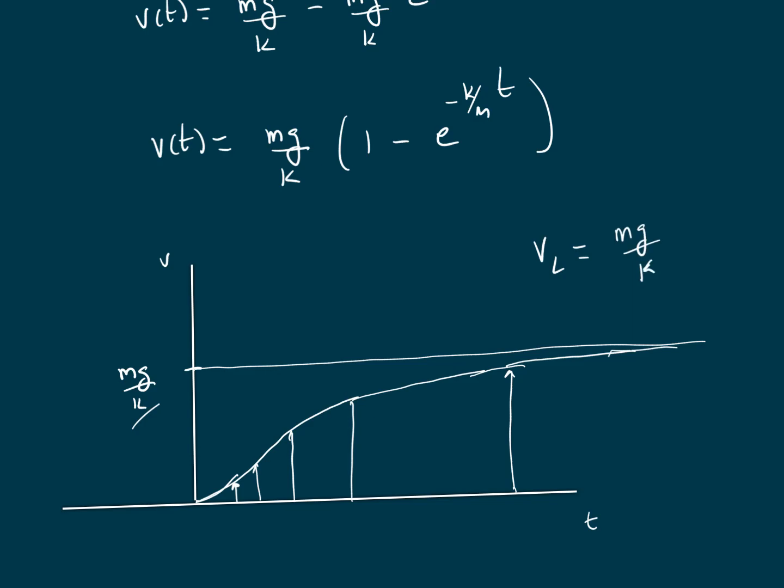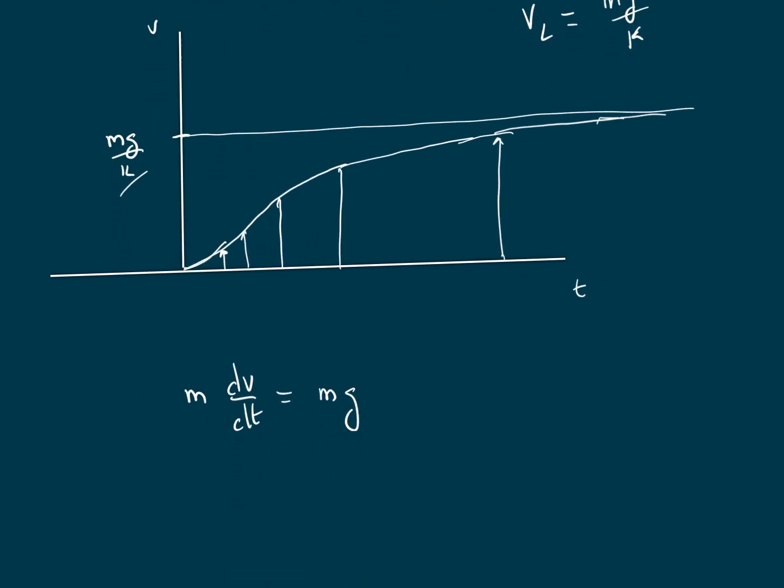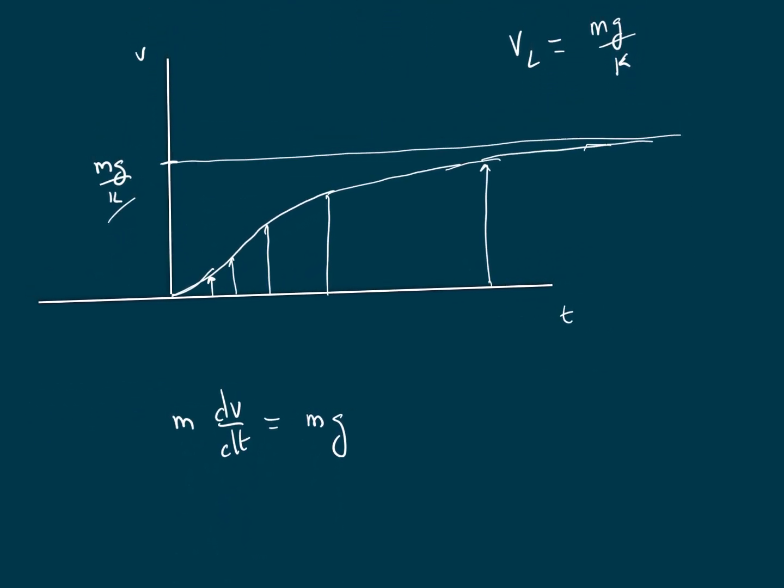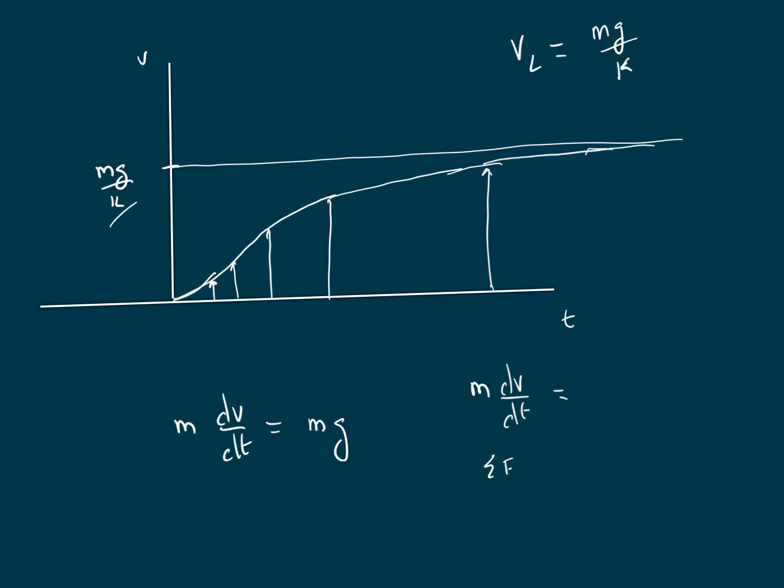It's easy to find this velocity from the equation, because m times the derivative of v with respect to t is the sum of all the forces. And the sum of all the forces is mg minus kv. If the derivative of v with respect to t is 0, it means that the object is not gaining any velocity. It's a constant velocity.